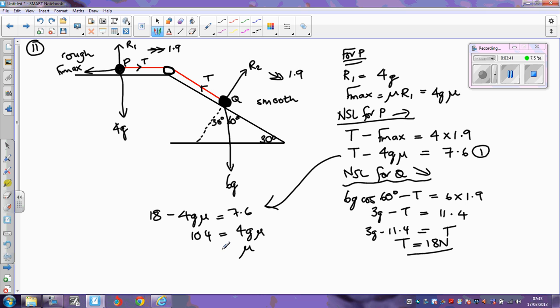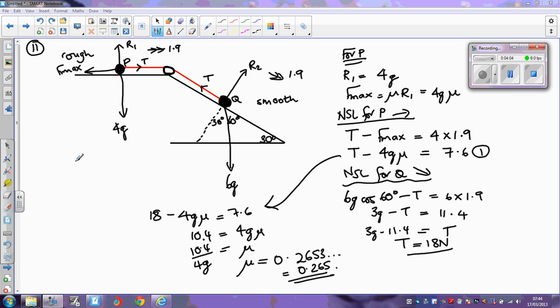So mu is just 10.4 divided by 4G, and that comes out as 0.2653, so 0.265 to 3 significant figures.